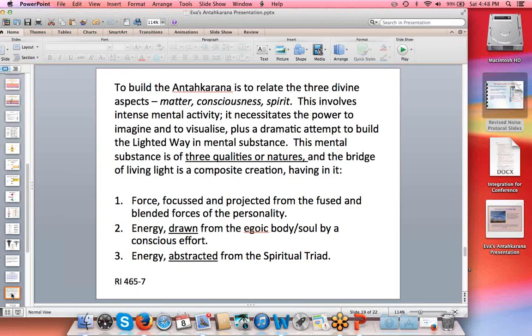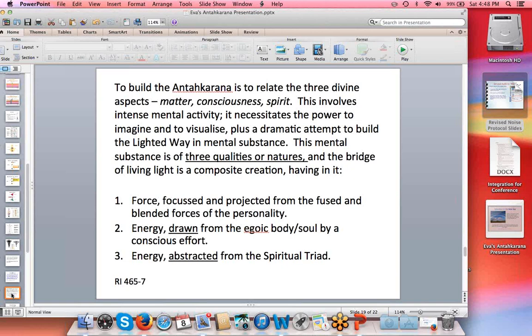What we are told in the Antahkarana-building meditations is that we use two colors, one of our soul and the other of our personality. And it's like a thread, like a rope. I almost see the two colors spinning together in light. Even though it's got a color, it's still light. So it's very alive.